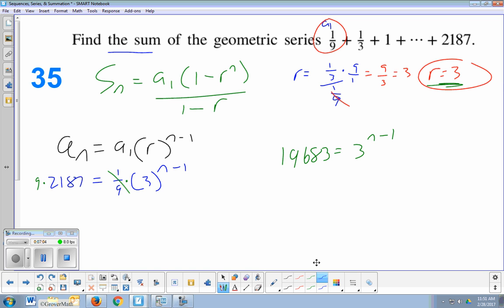And as we've been doing a lot lately in the past couple of weeks, anytime we're solving for that exponent, we're going to use logarithms. So I'm going to convert this into a log of base 3, because it's always log base, of the answer, 19,683 equals the exponent n minus 1. And so let me figure out what that is.